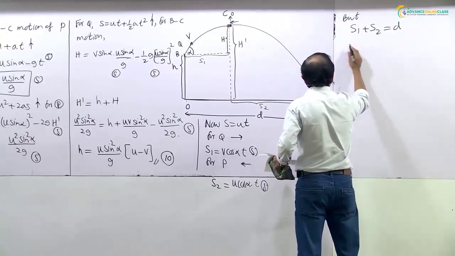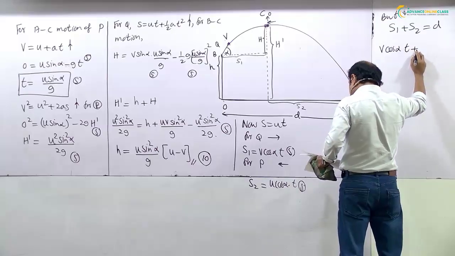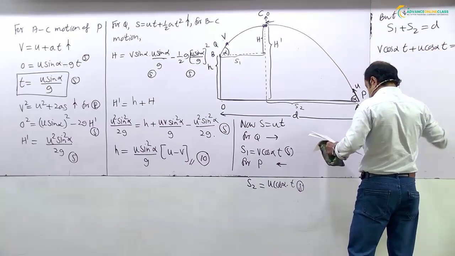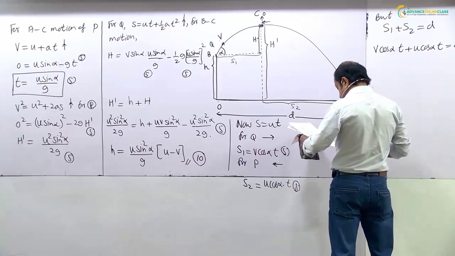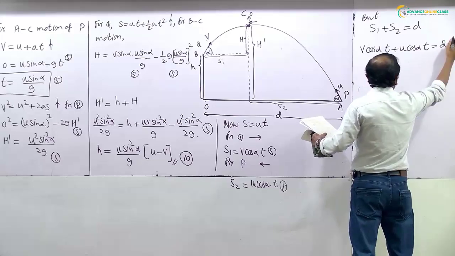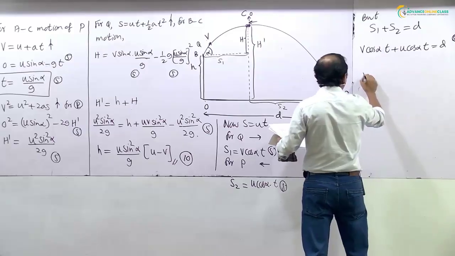V cos alpha T plus U cos alpha T equals D. Now, this is 5 marks.